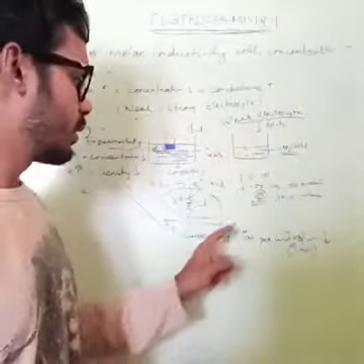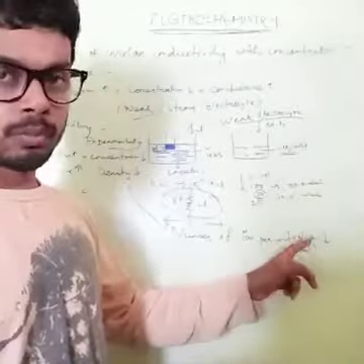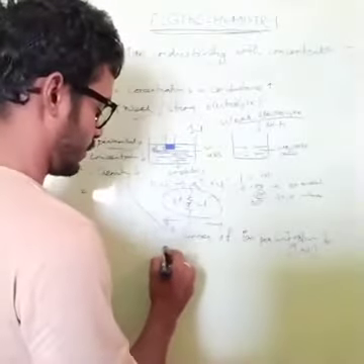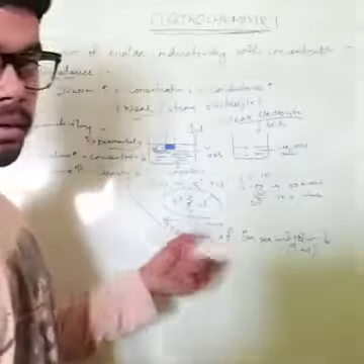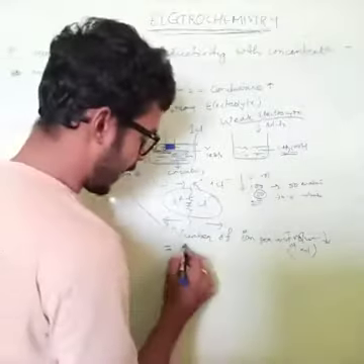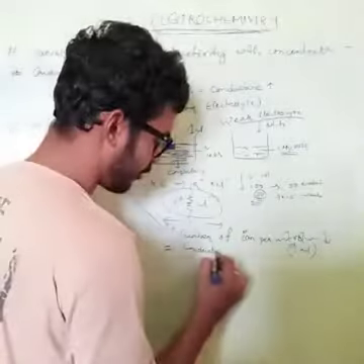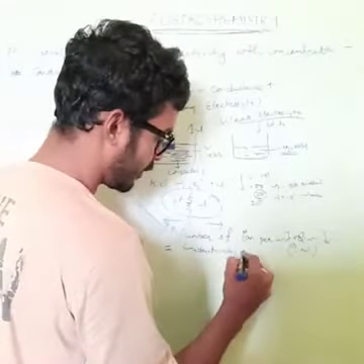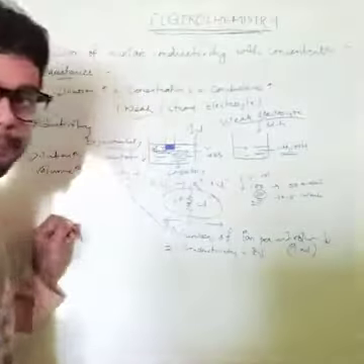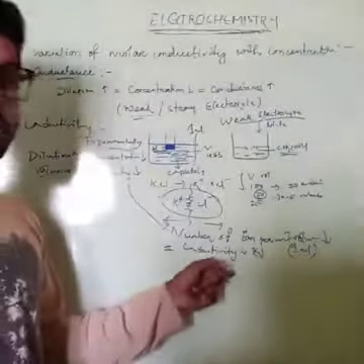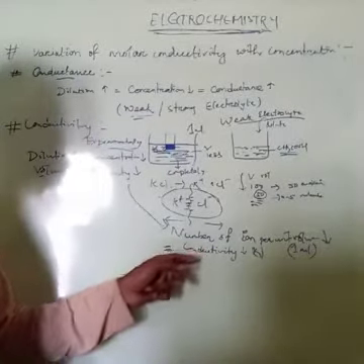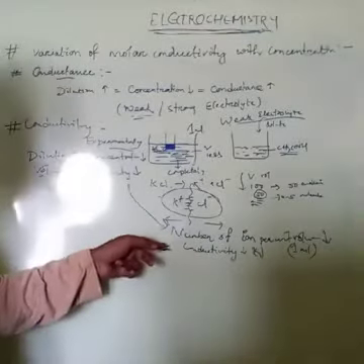So the number of ions per unit volume will be low, and conductivity will be low or decreases. Conductivity is nothing but kappa. Kappa is low. Okay, understood?